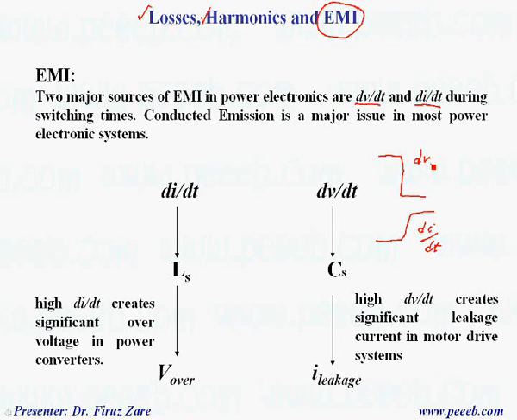What happens is, if there is any stray capacitance, over this switching time, when the switch is getting on or off, because of significant dv/dt and stray capacitance in the circuit, we have a leakage current which equals stray capacitance times dv/dt.